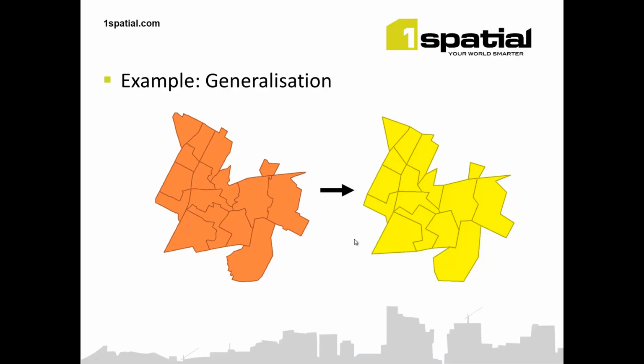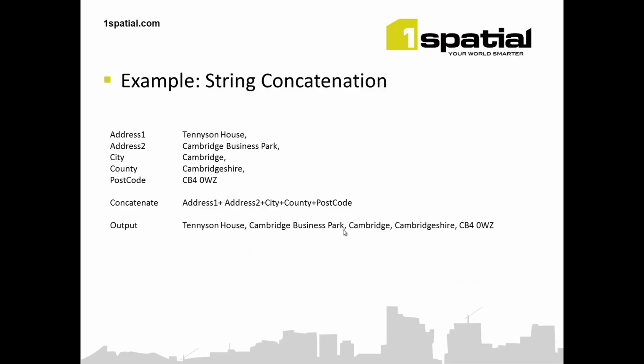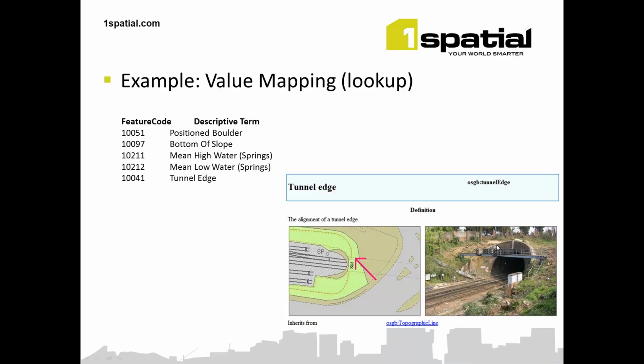This is an example of some generalization, making some data thinner, less detailed, so that it shows and displays more quickly on a web map. Here's an example of a concatenation function using the string concatenator transformer, that is exactly the same function that you would complete using Excel.